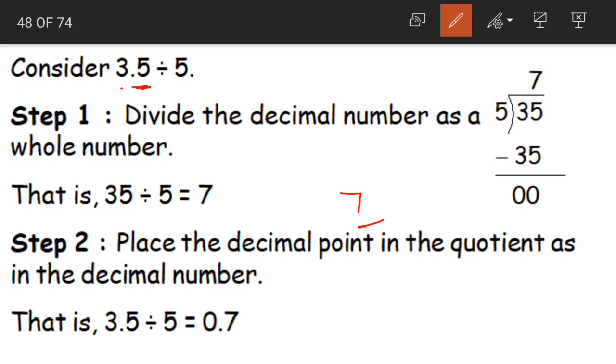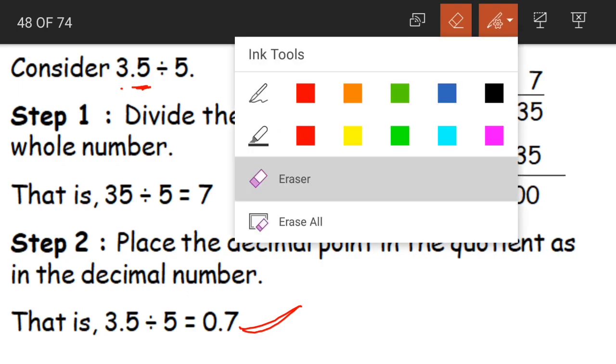So we have to place a decimal point after one digit from the right. We cannot simply write .7. There should be something here also. As we have nothing here, we will place 0. So 0.7 is our answer.